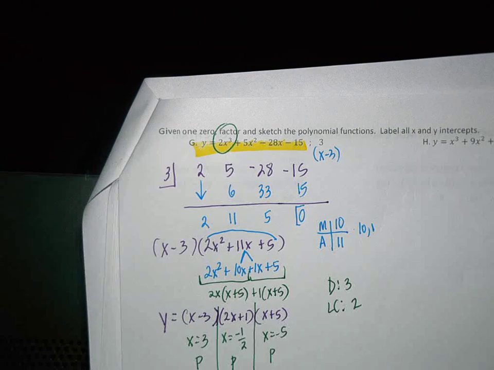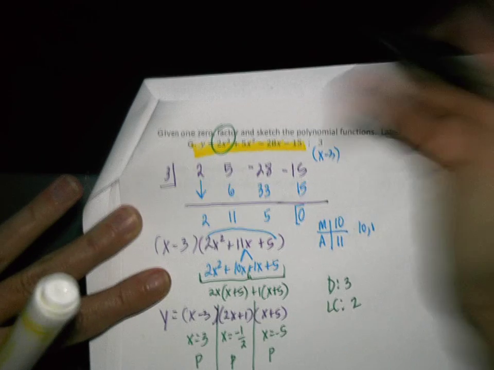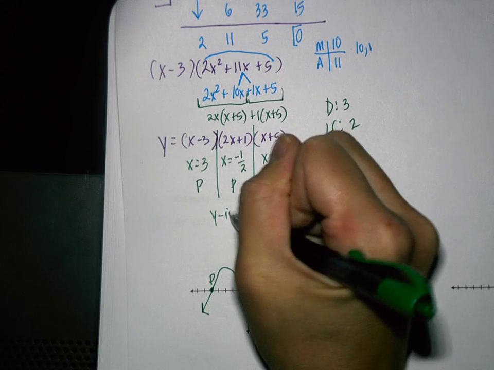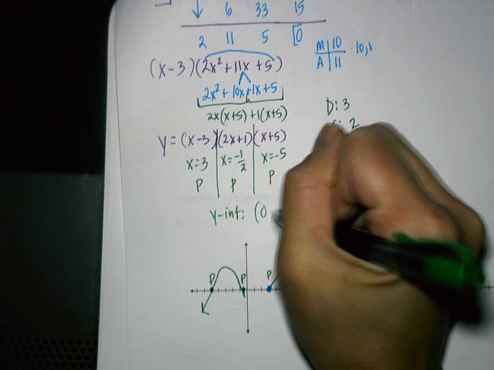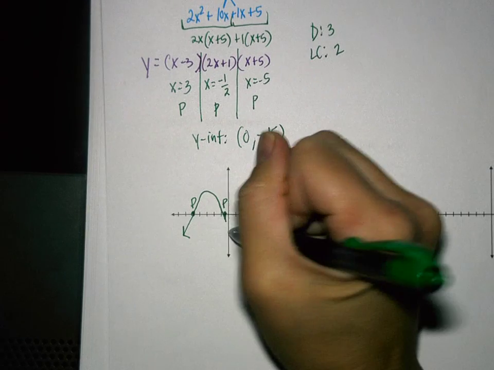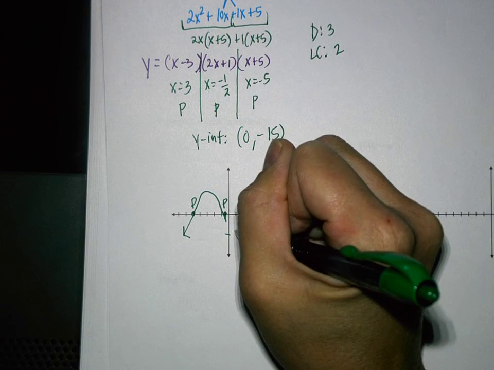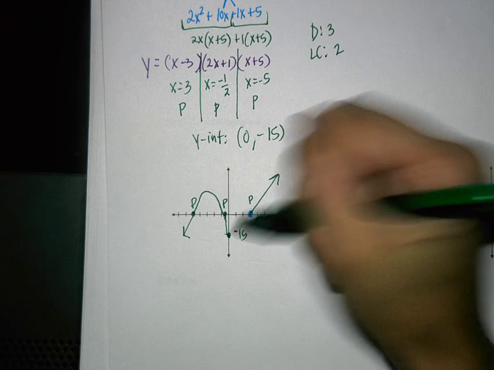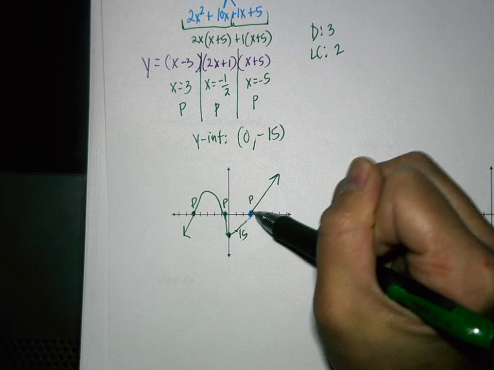It's the value without an x. If it's in standard form, that is your y-intercept. So in this case, my y-intercept is at 0, negative 15. And so we are just going to make a mark on here. We're going to call it negative 15. So this is going to pass through, hit the negative 15, turn around, and then it passes through again, and we're done.